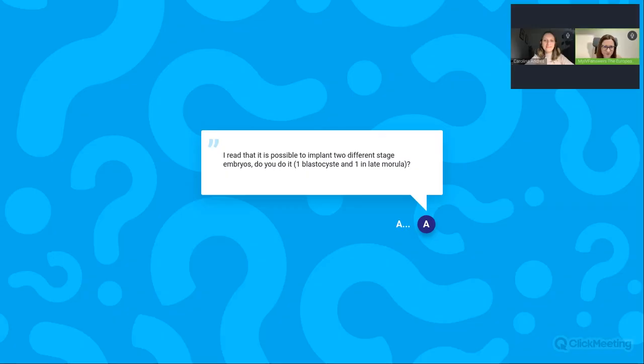And there is another question regarding embryo transfers. It says, I read that it is possible to implant 2 different stage embryos. Do you do it? For example, one blastocyst and one late morula. I mean, if it's possible, of course, we can freeze 2 different embryos and transfer, but I don't think that would increase the chances of implantation.